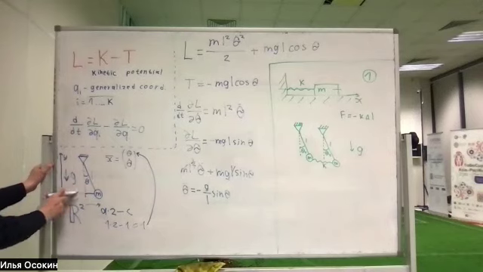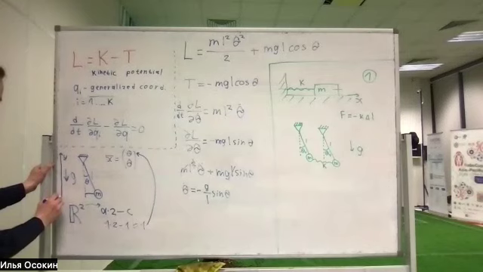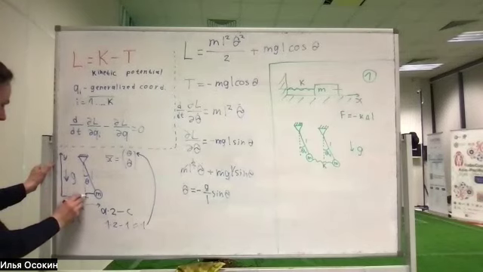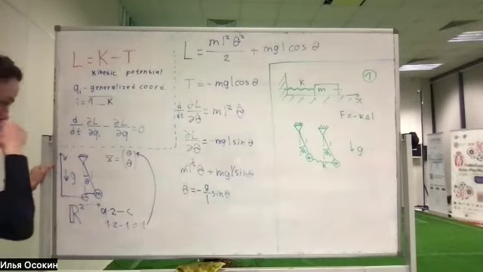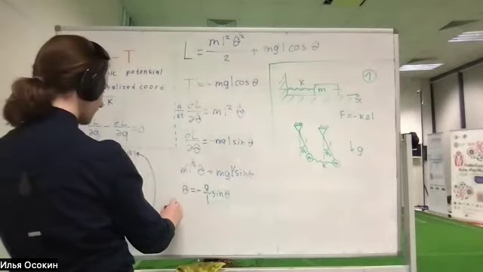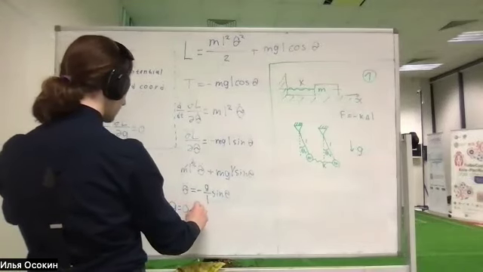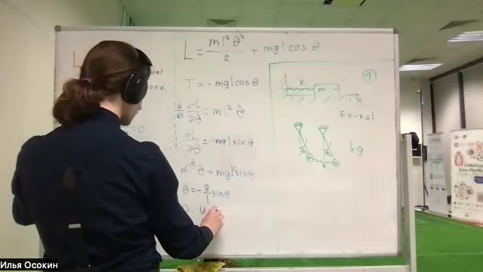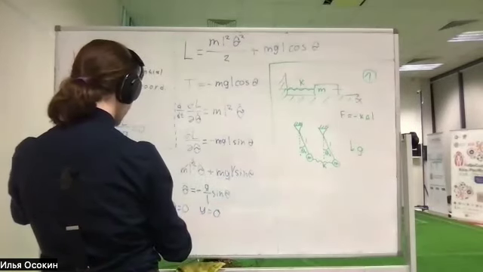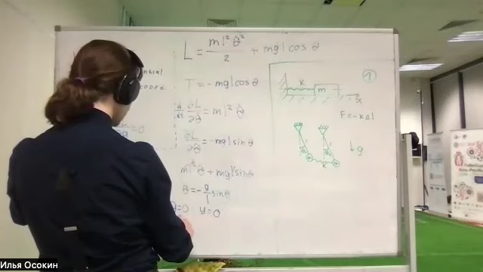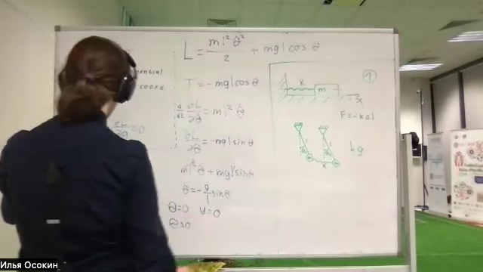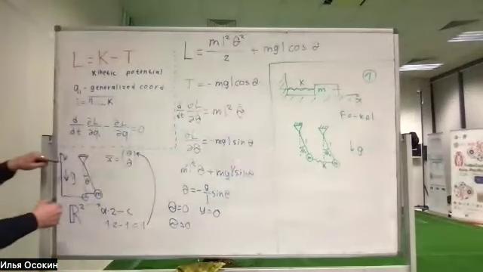So 0 of y will be here. If the angle is 0, y is equal to 0. And if theta is not 0, we're going to have the following.